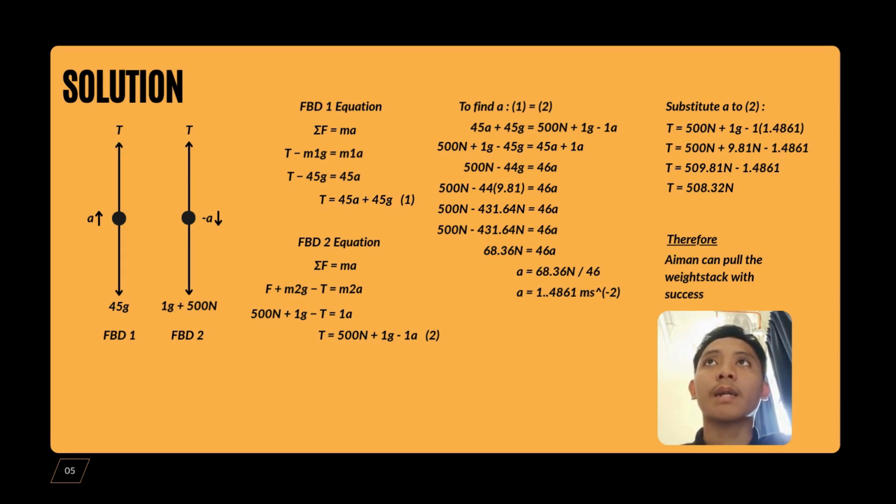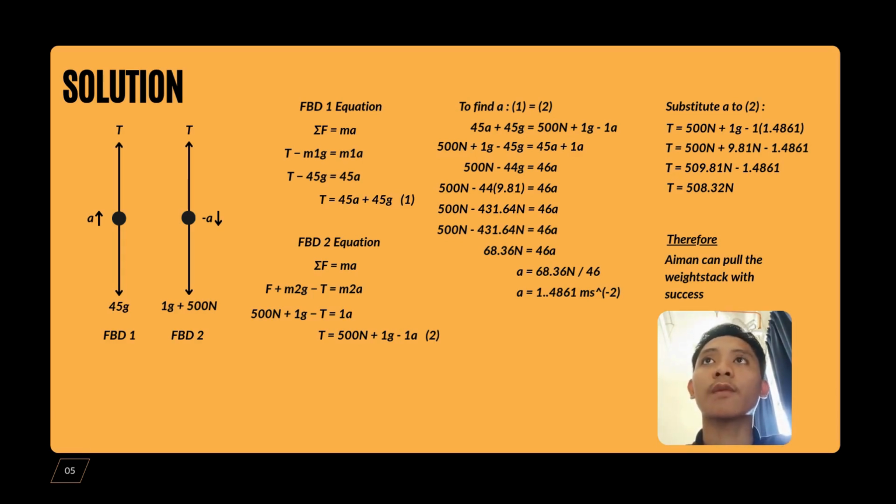For free body diagram 1, we get T equals 45A plus 45G, and set it as equation 1. For free body diagram 2, we get T equals 500N plus 1G minus 1A, and set it as equation 2. Then, we find the acceleration by comparing equations 1 and 2, since both are equal to T.